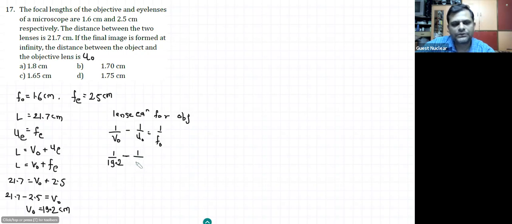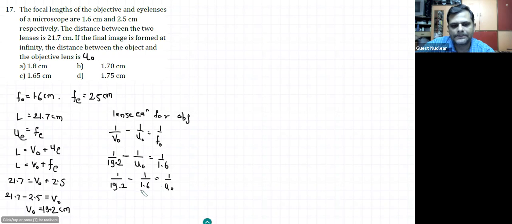So UO is going to be found out, and this is going to be equal to 1/FO, where FO is actually 1.6, right? So if we just shuffle the terms, we'll get this as 1/19.2 minus 1/1.6 is going to be 1/UO.